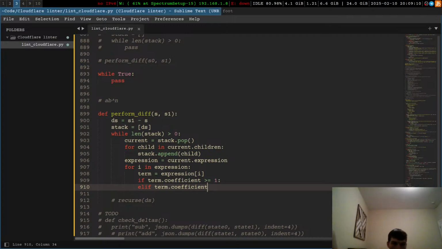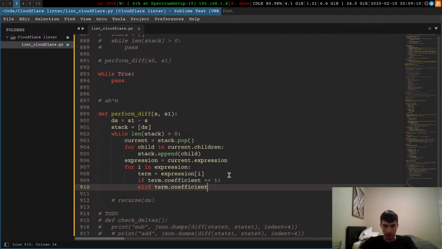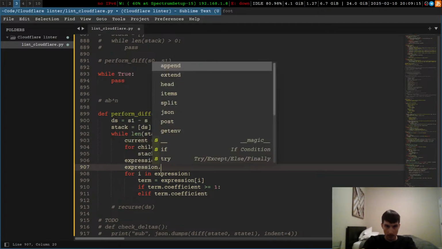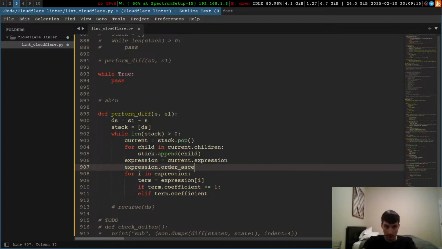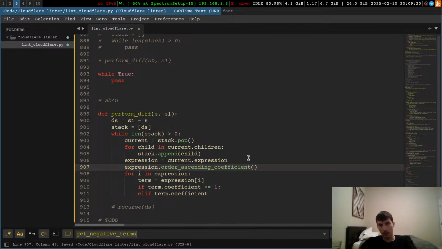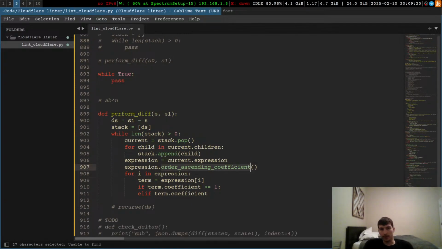Okay, we need to order. So the thing is, we need to order the ascending coefficients, otherwise this doesn't work. Because like we described before, we have to delete before we insert. We have to delete before we create.